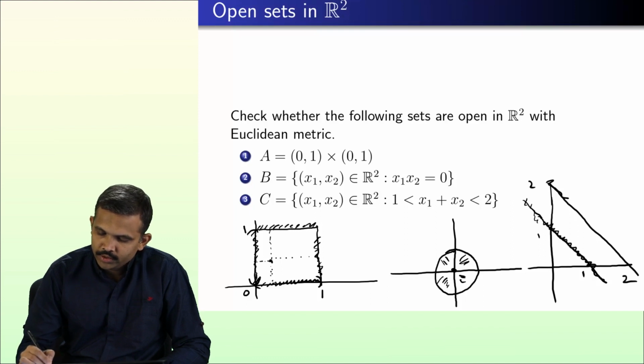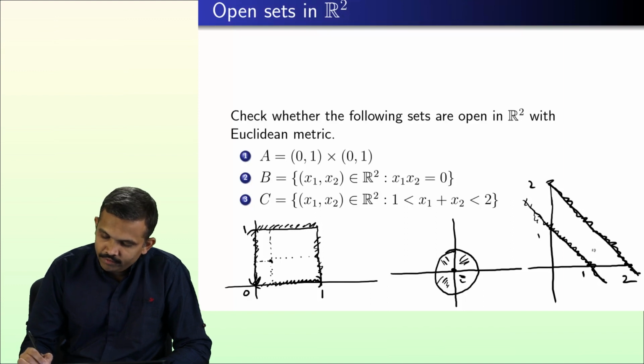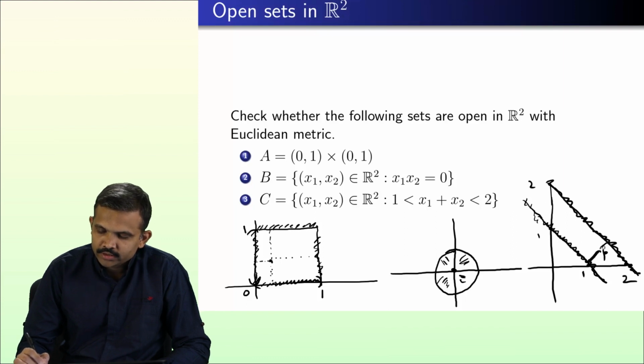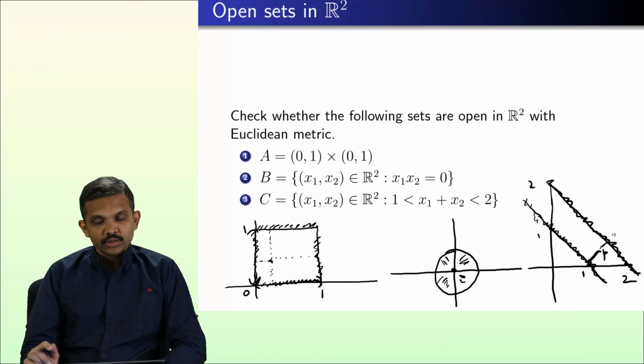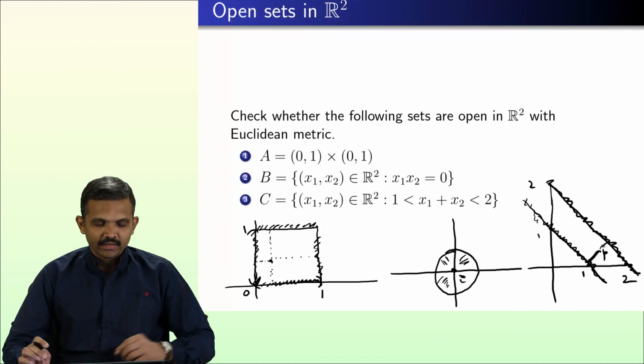So, the region between these 2 lines is the region that is there in my set. Now, if I take any point P, again I do not want to cross these 2 lines, that means I have to get the distance of this point from this line and the other line, and then select the minimum. If I take that as my radius, then it can be proved that the corresponding open ball is going to lie inside the given set.